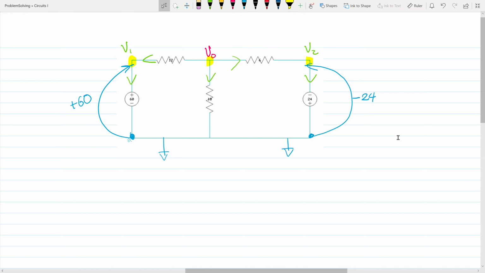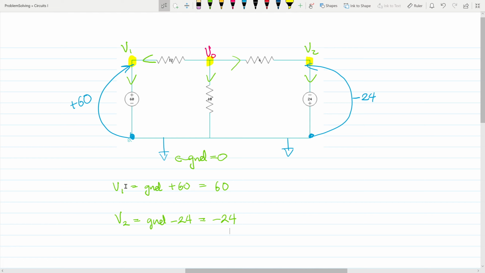What this is saying is that V1 is equal to ground plus 60. Remember, ground is equal to 0 for the purposes of our analysis, so V1 is equal to 60. And V2 is equal to ground minus 24, which is negative 24.